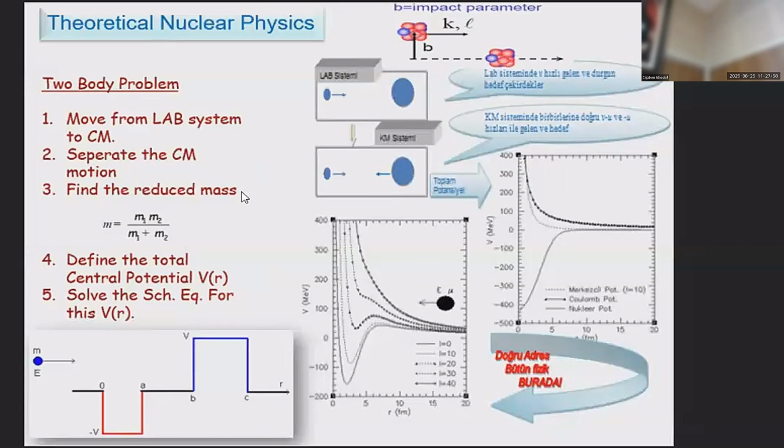This one, for L equals 0, 10, 20, etc. For the sum of them. Normally, if you look here, this is the nuclear potential, completely attractive, you see. This is the centrifugal potential, and this is the Coulomb.